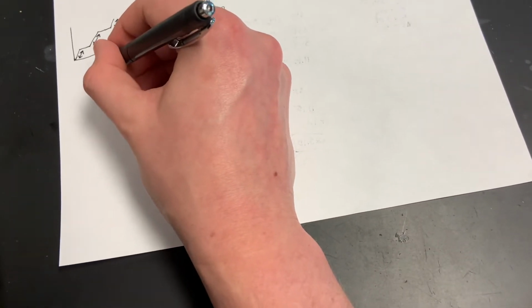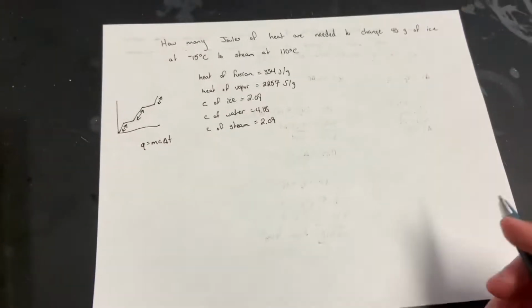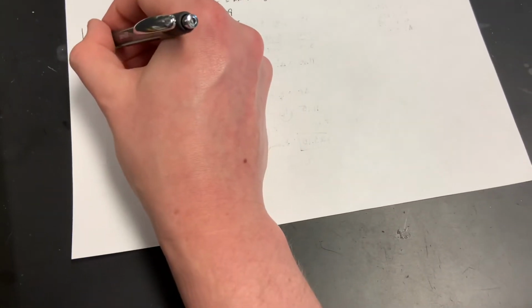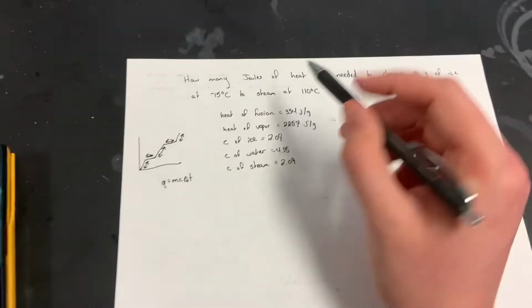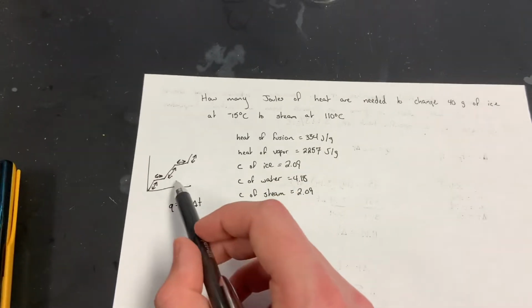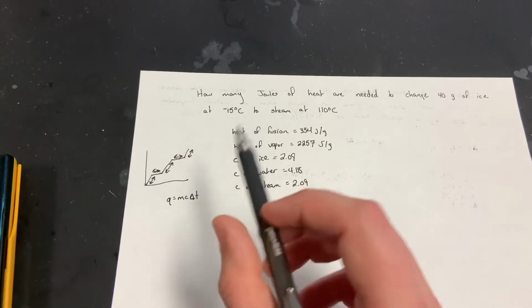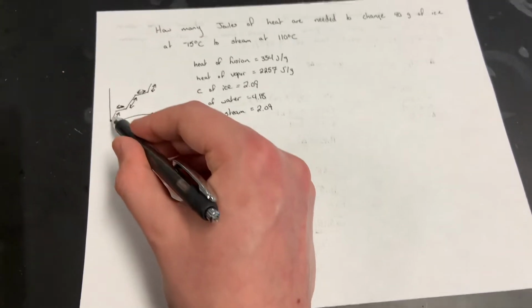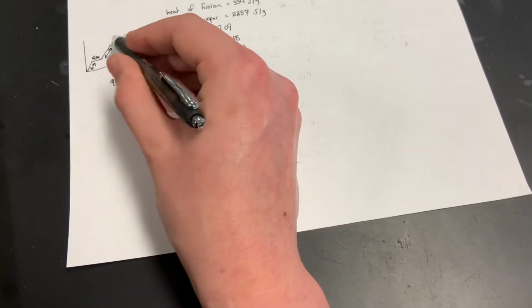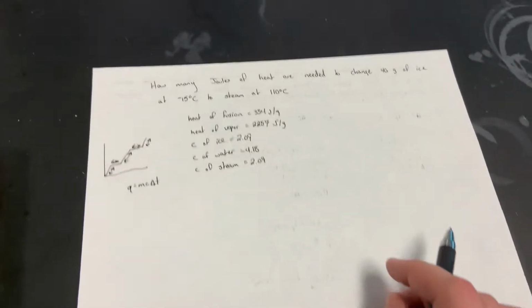That's where you're going to use Q is equal to MC delta T. On these flat areas is where you're going to need to use the heat of fusion on the bottom one and the heat of vaporization on the top one. So if you're going from a solid, which is down here, all the way up to a gas, you're going to have to cross through all of these. So I'm going to show you how that looks.